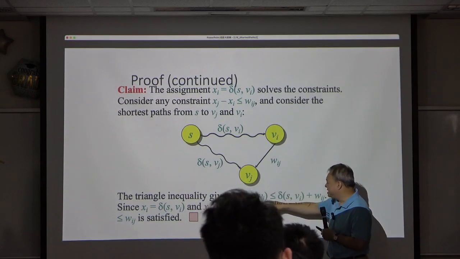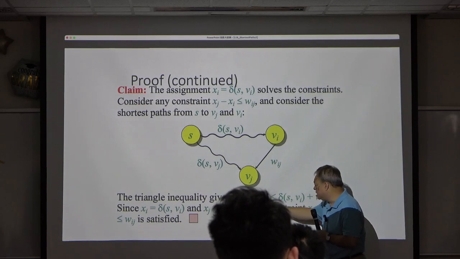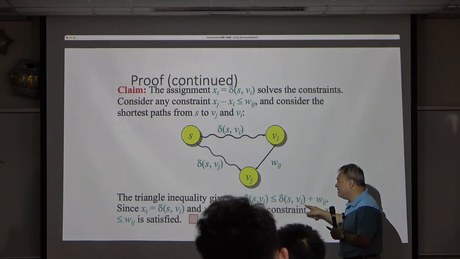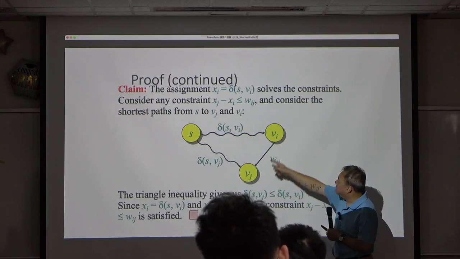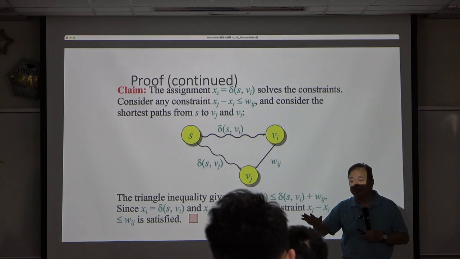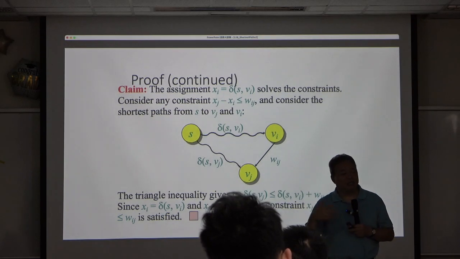So now if we assign this one to xj, this one to xi, then it exactly solves this constraint, right?